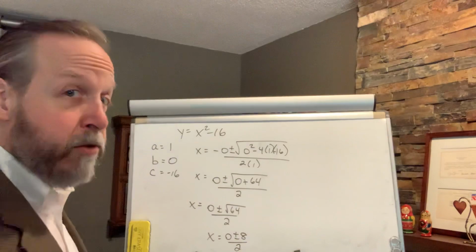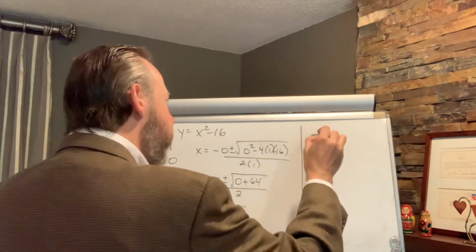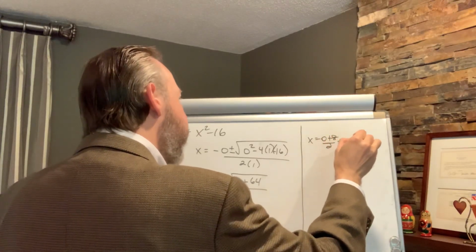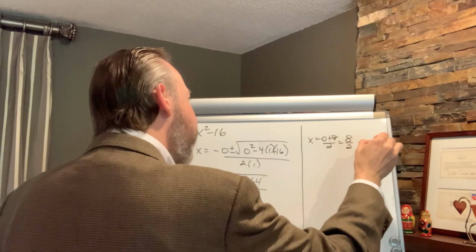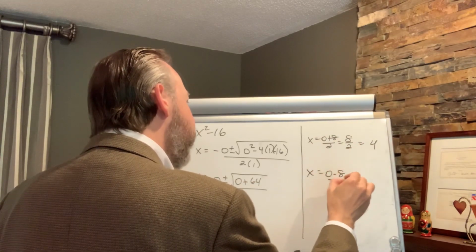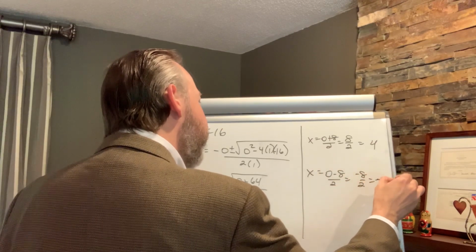I still have two solutions. I'm still going to go up here and solve them carefully. So I have 0 plus 8 over 2, and that's 8 over 2, and that's 4. And I have 0 minus 8 over 2, and that's negative 8 over 2, and that's negative 4.